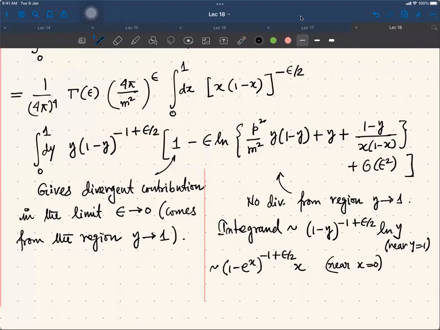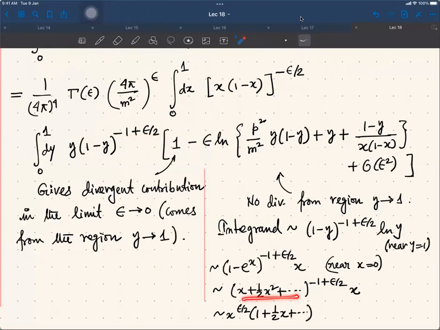And if we expand this exponential, then we get x plus half x squared and so on, to the power minus 1 plus epsilon by 2, times x. Which is the same as x to the power epsilon by 2 times 1 plus half x. If I take x factor out from within the first round bracket, then that is x to the power minus 1 plus epsilon by 2.